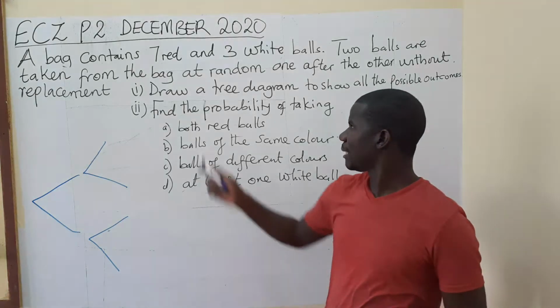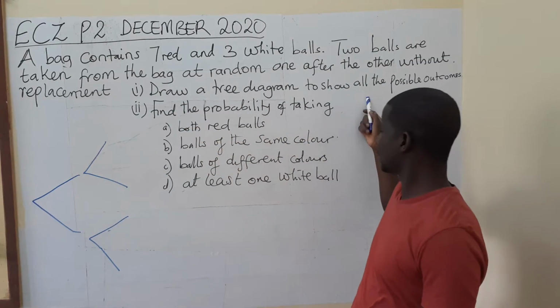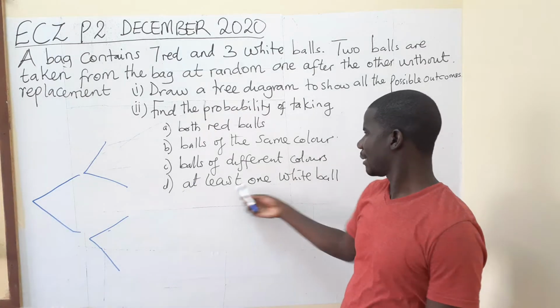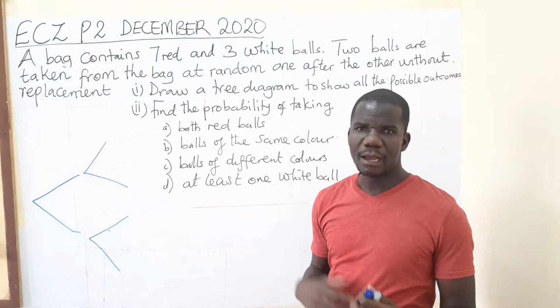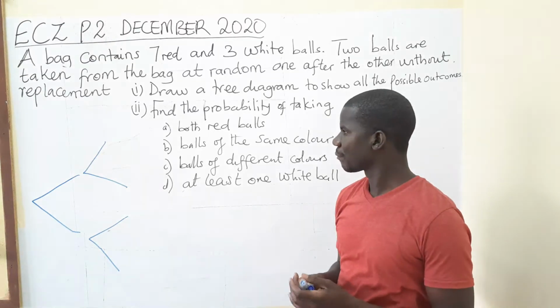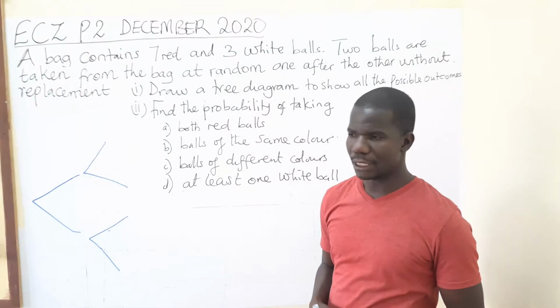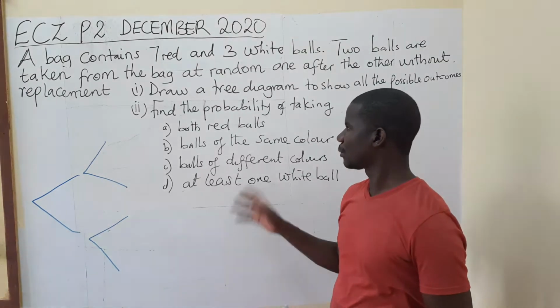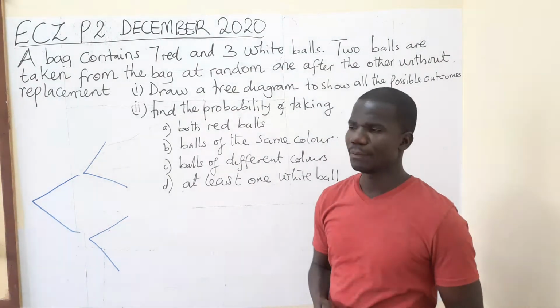In the exam, there was only this part of a tree diagram as well as the last part. Now, I have modified it and added more questions so that we have all the cases under consideration. So, you must be able to know that.